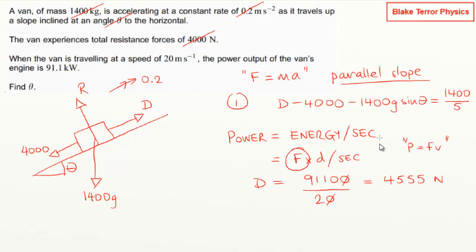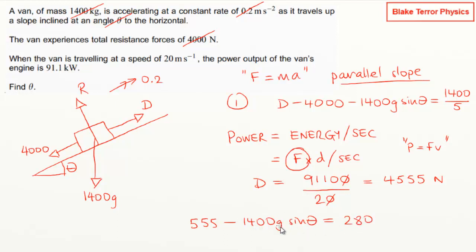So we've got 4,555 minus 4,000, so we've got 555, minus 1400 g sine theta, and that's got to be equal to a fifth of 1400, which is 280.